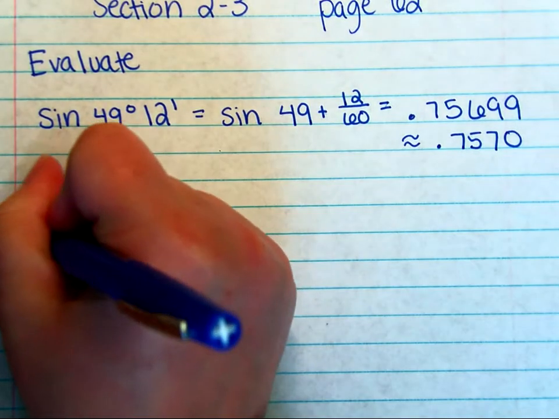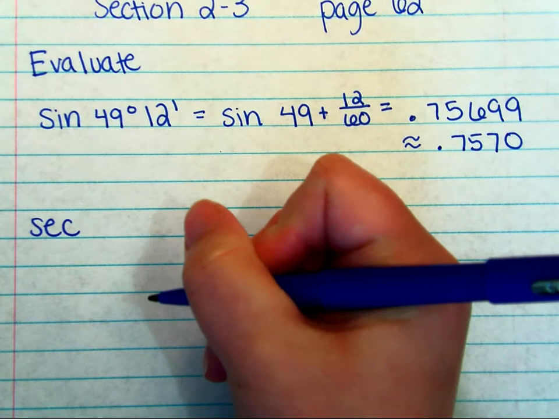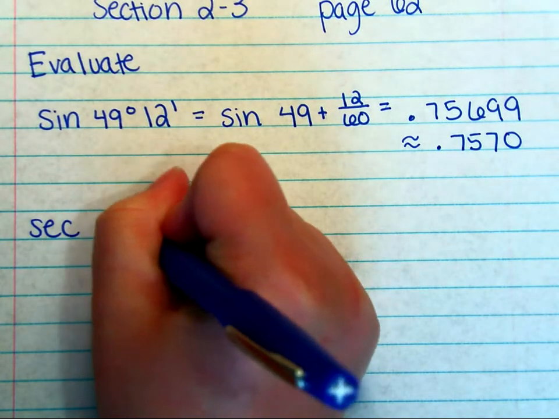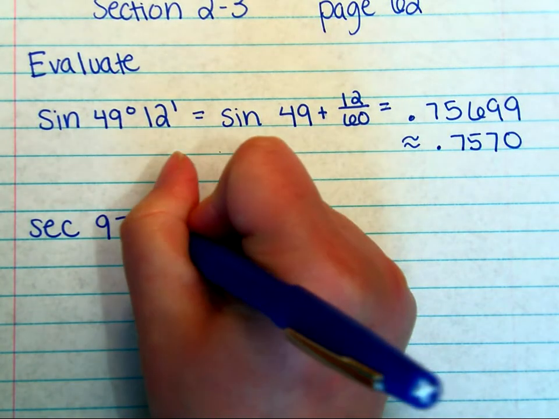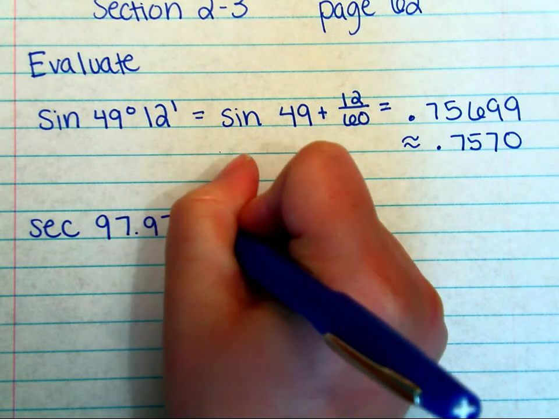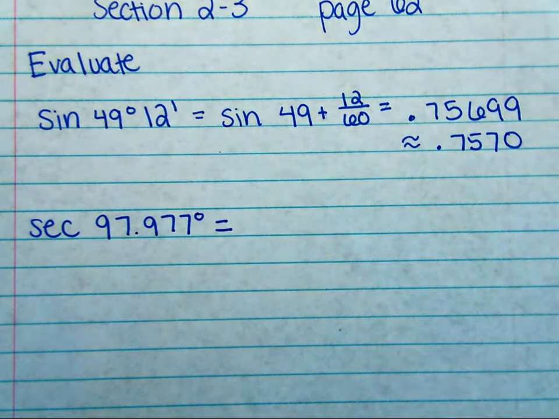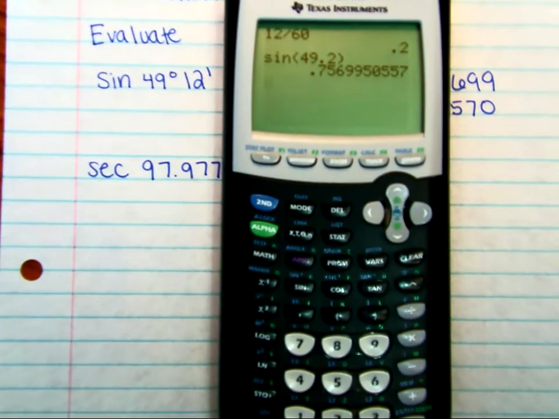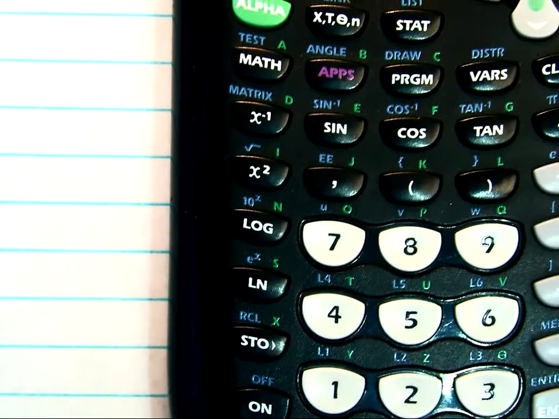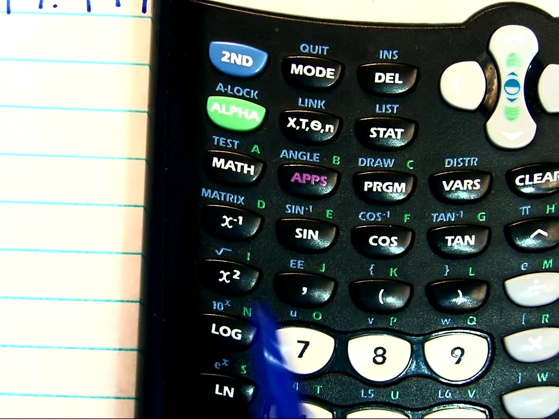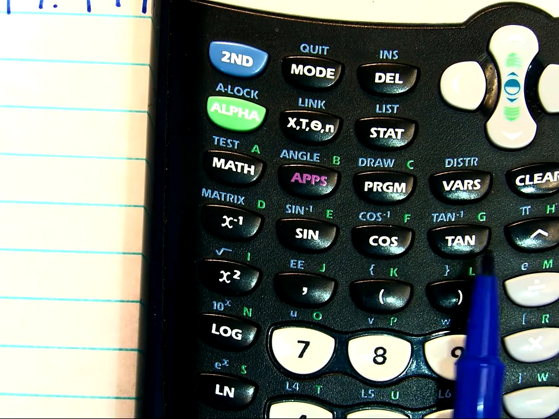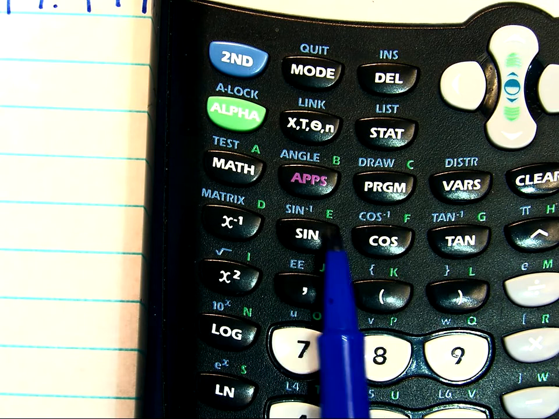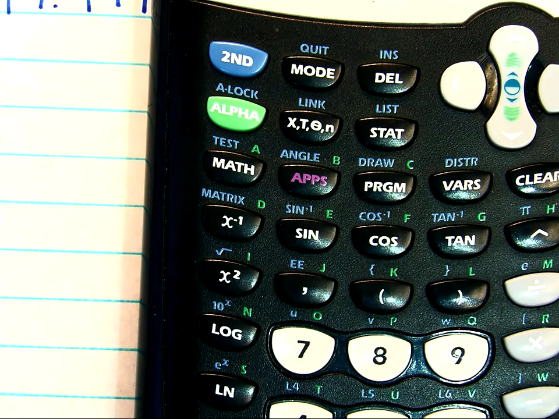Let's evaluate the secant of 97.977 degrees. Now, if you look on this calculator and on any calculator you're going to use in this class, you've got sine, cosine, tangent, and then above those you have sine inverse, cosine inverse, and tangent inverse. Those are not reciprocal functions.